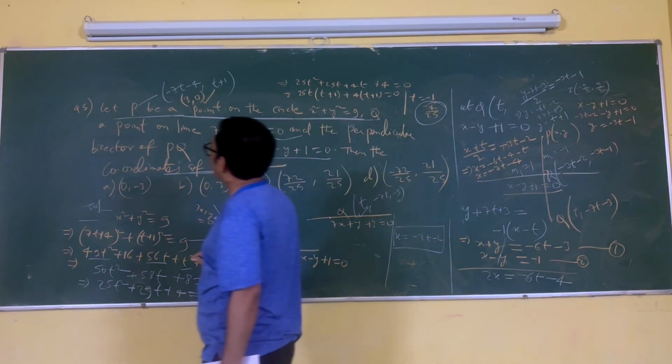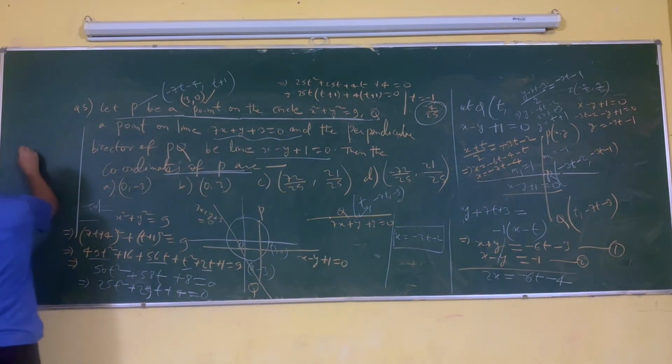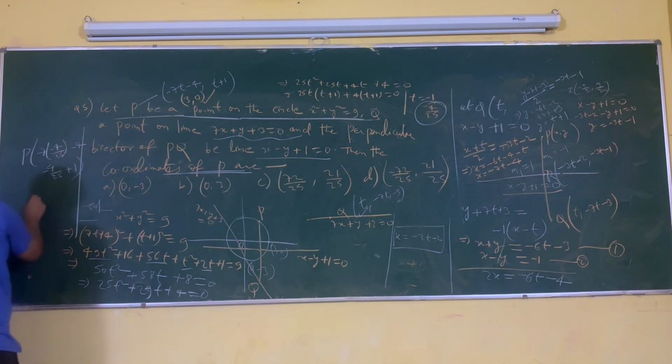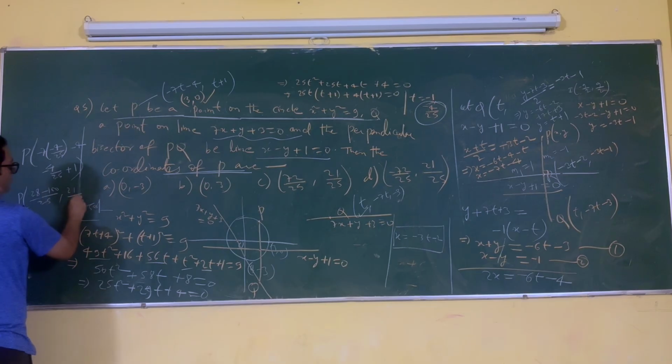Minus 4 upon 25. So P is minus 7 into minus 4 upon 25 minus 4, and then minus 4 upon 25 plus 1. So it will be 28 upon 25 minus 100 upon 25, and this will be how much?